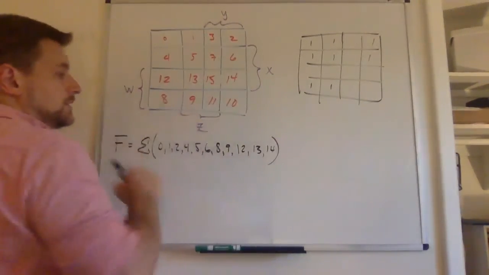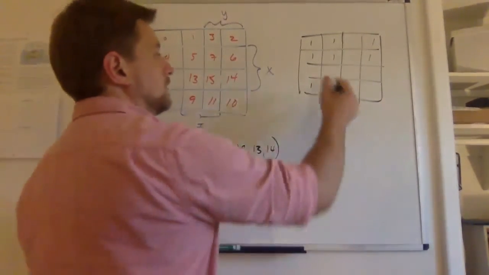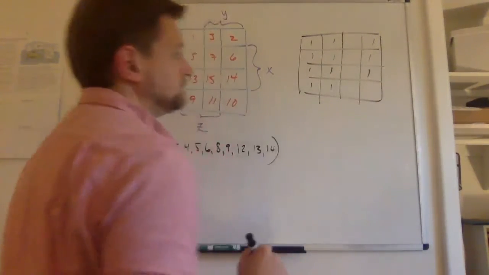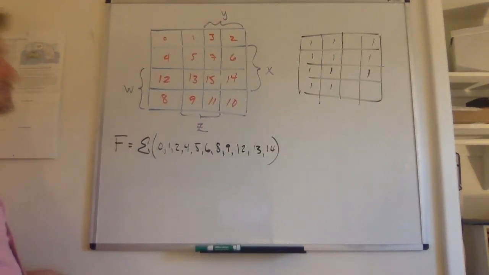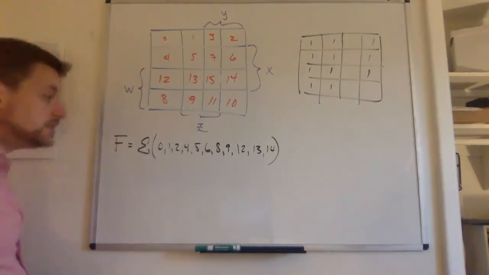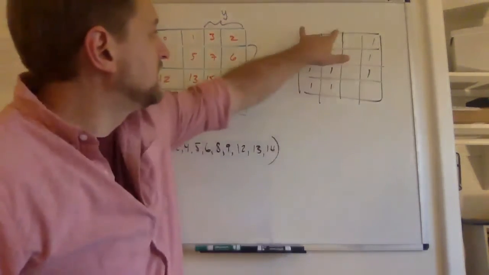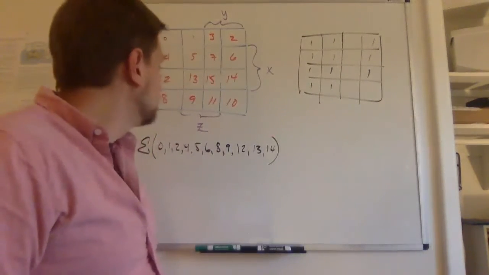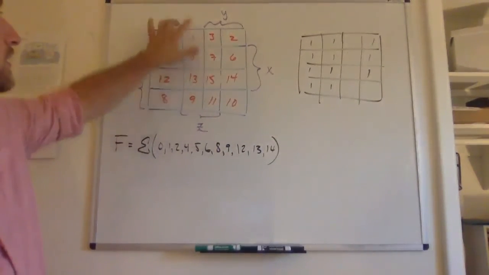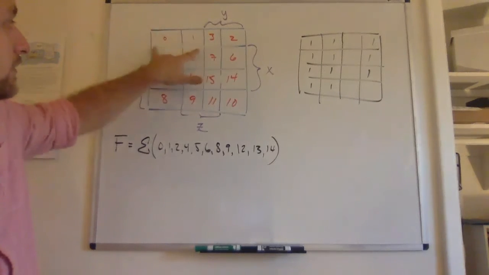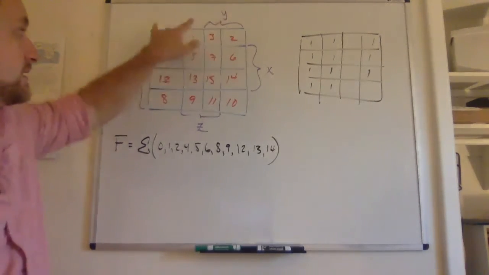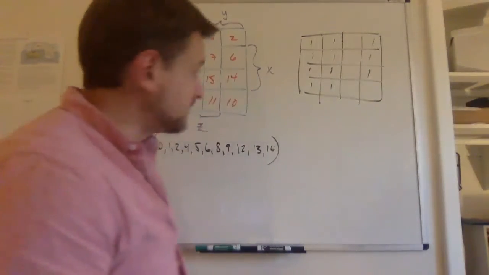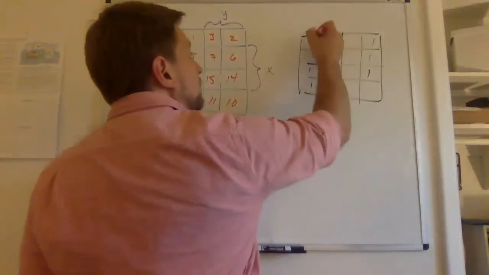Because those are in the bottom. 12, 13, 15, 14. Okay. So here we have a block of 8 that are adjacent. And if we compare that to our setup here, we note that that's everything where the y bit is 0. That's all the minterms that use y complement. So that just simplifies to y complement.